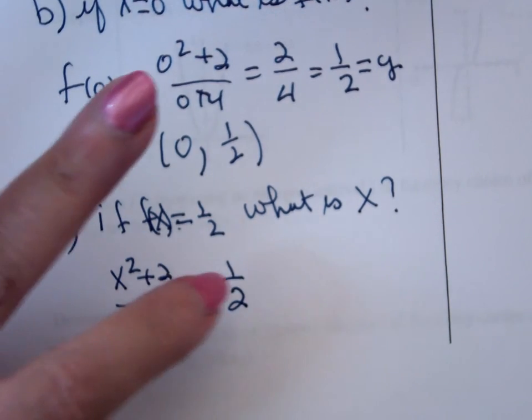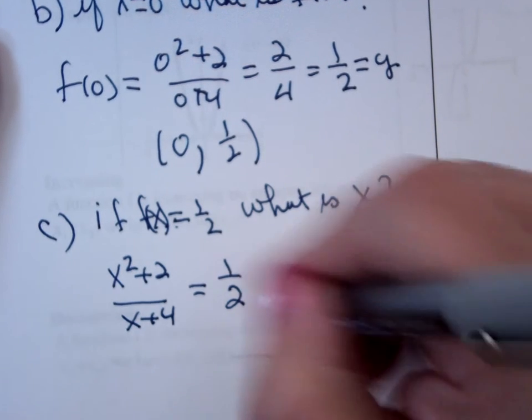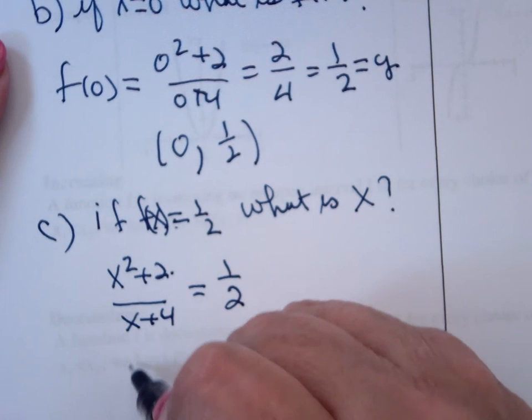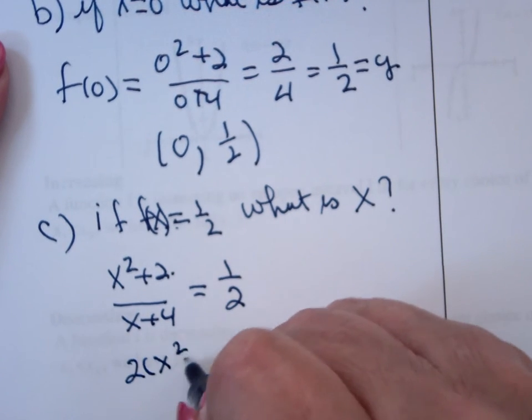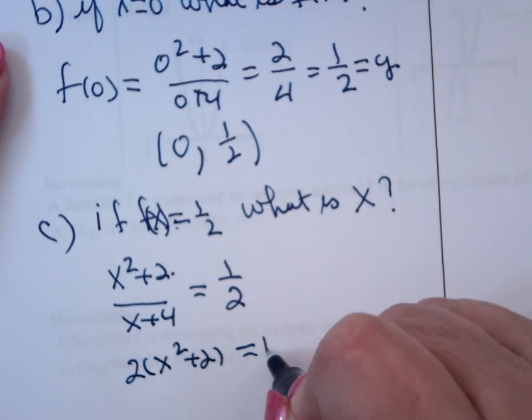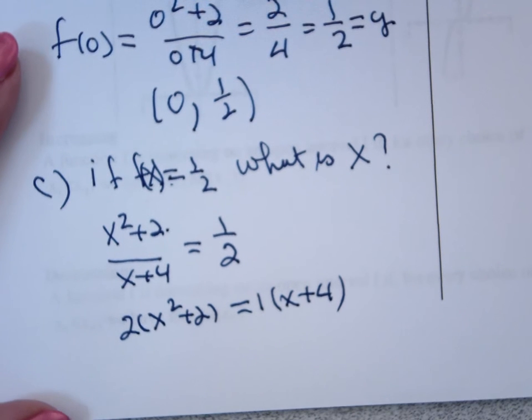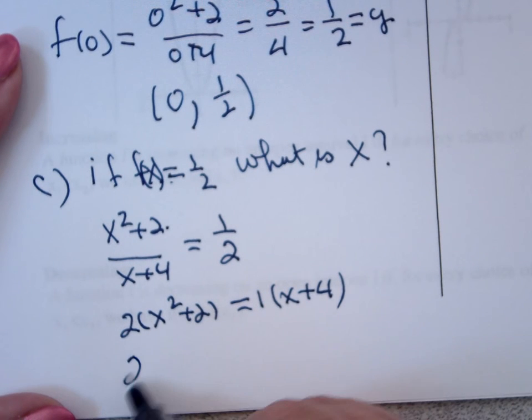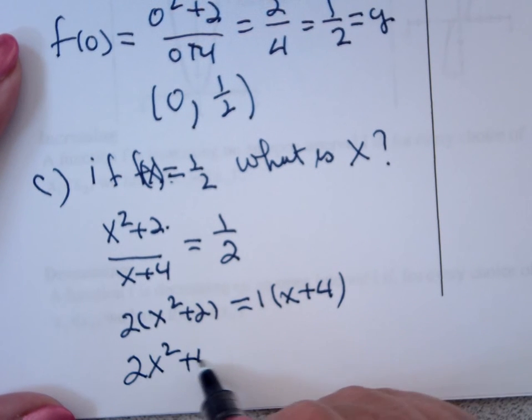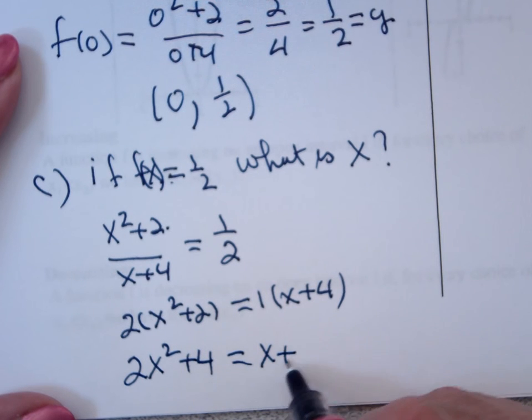Since it's a fraction equaling a fraction, I'm going to cross multiply. So 2 times x squared plus 2 equals 1 times x plus 4. 2x squared plus 4 equals x plus 4.